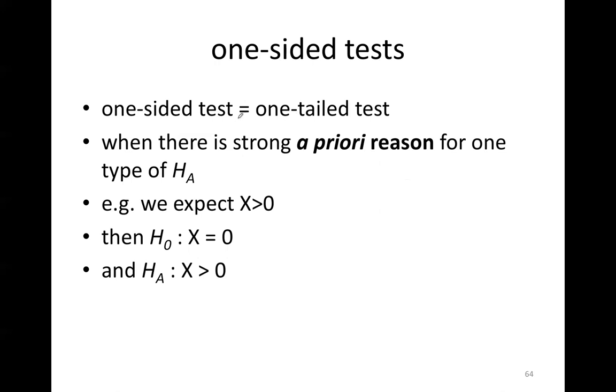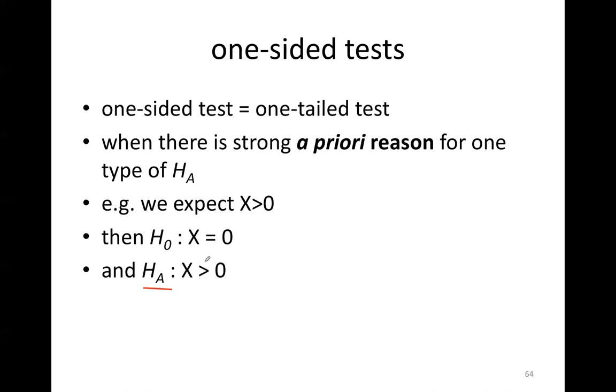We can perform a one-sided test whenever there is a good, strong reason a priori, before we collect the data, to assume that deviation of the alternative hypothesis from the null hypothesis would be in only one direction.